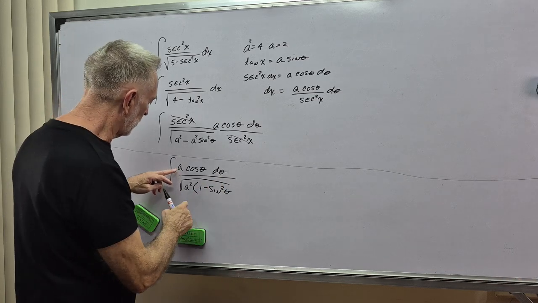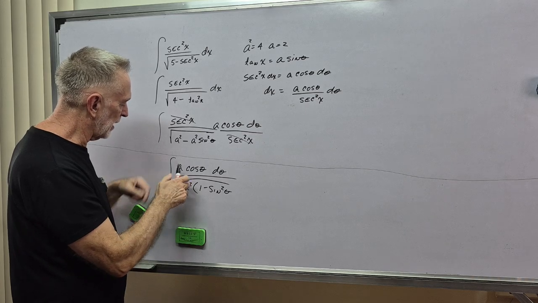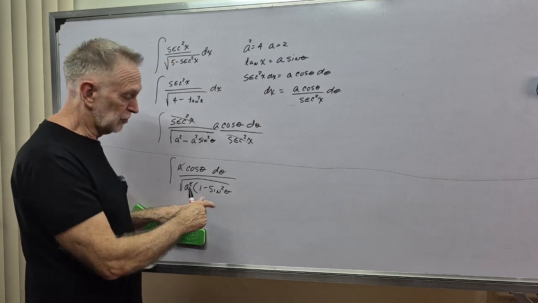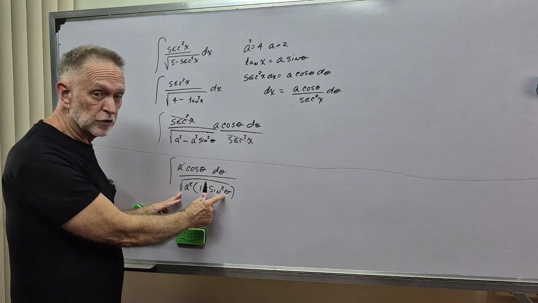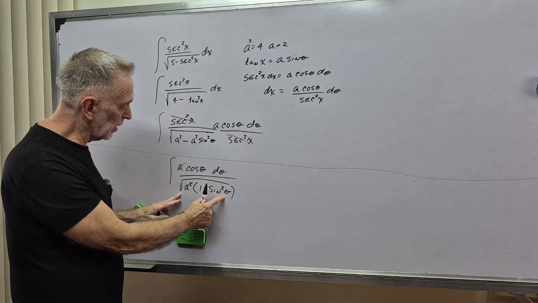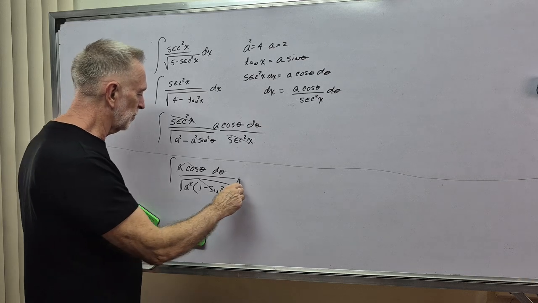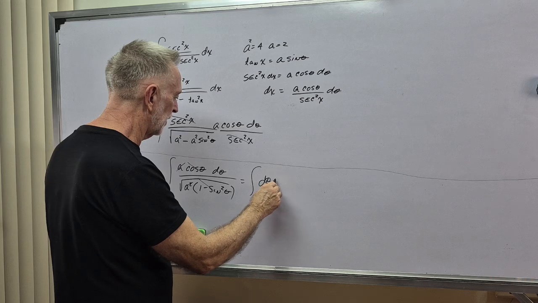Okay, so square root of a squared is a divided by a. Those cancel. 1 minus sine squared is cosine squared. The square root of cosine squared is cosine. These all cancel, so I'm left with the integral of d theta.